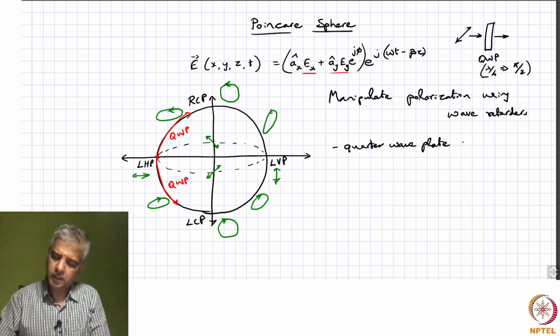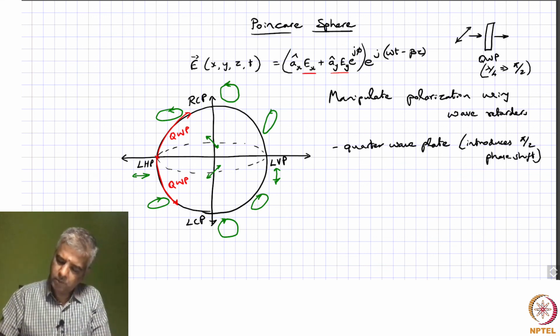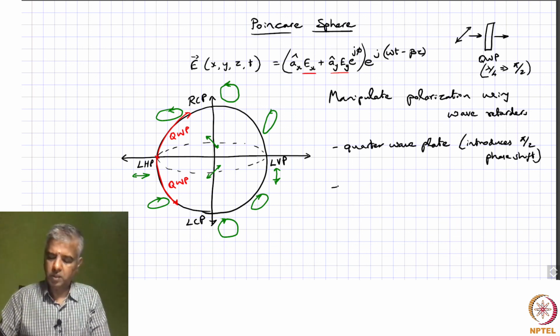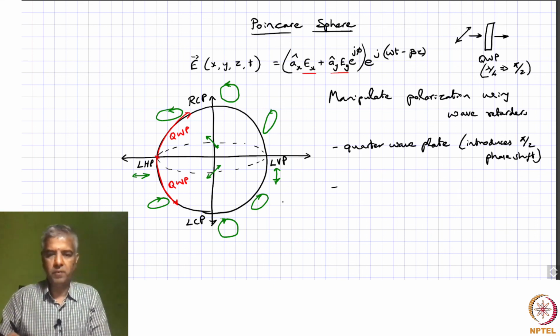It essentially introduces a pi by 2 phase shift between the two orthogonal polarization components. It moves you away from the equator.